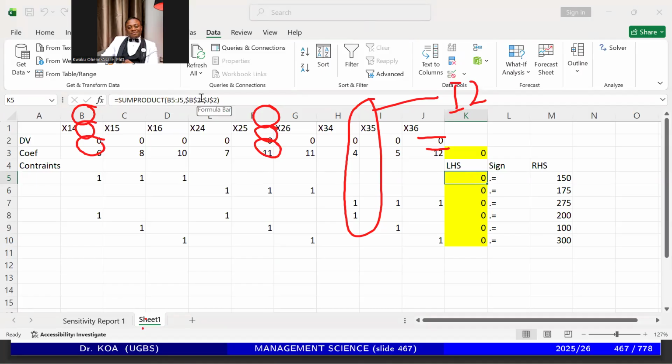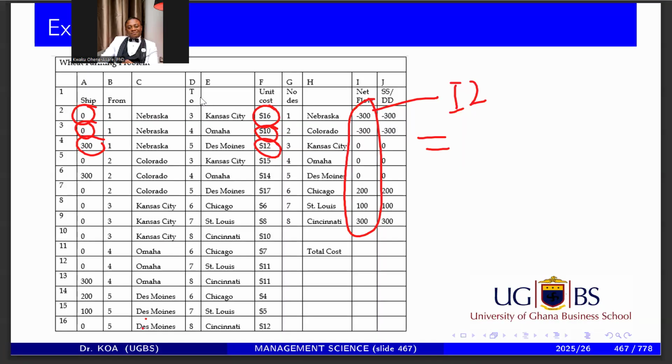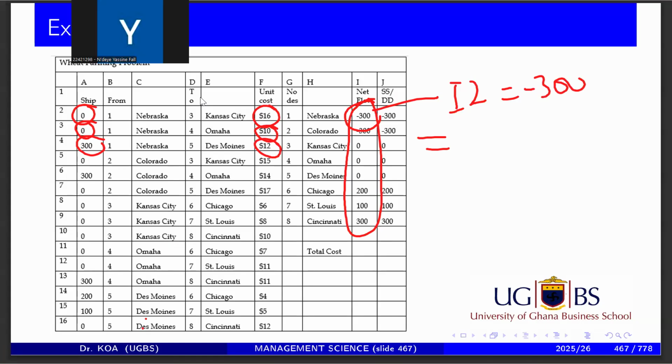But I want to show you an easy way in case you didn't even use SUMPRODUCT. So let's take this one here, negative 300. How did we get this? We used the supply and demand quantities that were given in the question.